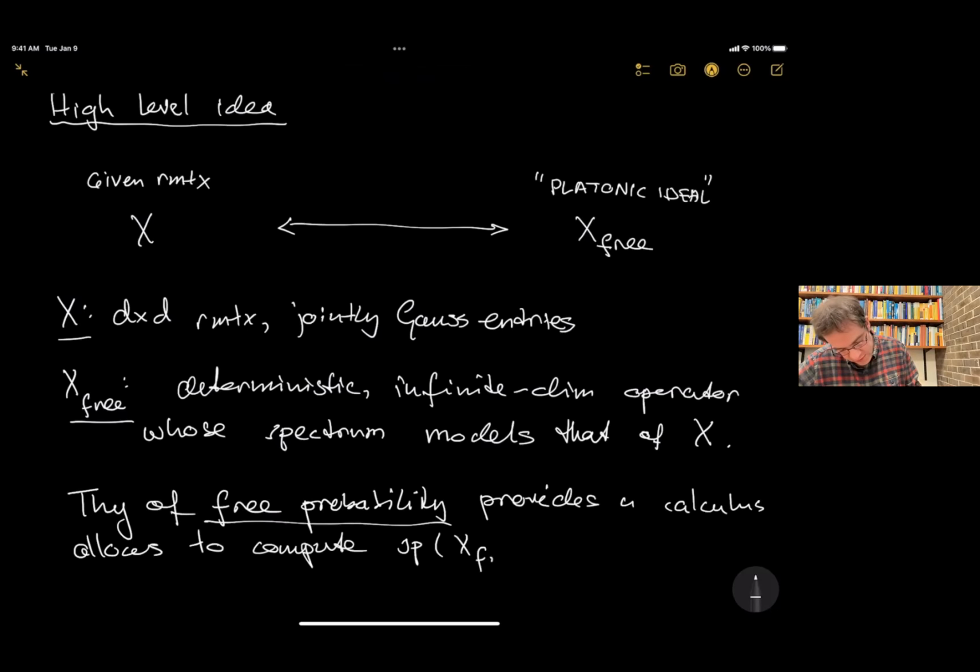So there are exact formulas for the spectral distribution of X free, of this infinite dimensional operator, for the edges of the spectrum of X free. All of these things, there are exact formulas, maybe I'll write one down later if I have time, that allow you to compute exactly what the spectrum of X free looks like. The spectrum of X, it's a random object, right? The spectrum of X we cannot compute exactly, but the spectrum of X free we can compute exactly. And what we hope is that the spectrum of X free behaves like the spectrum of X, right?